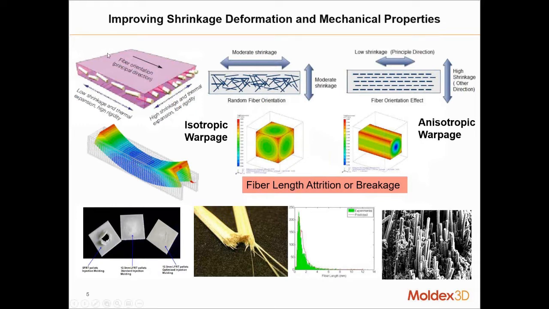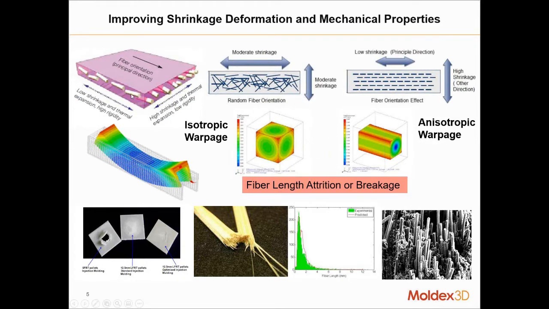So, for example, if we look at this scenario here where all the fibers are aligned in the flow direction, or what we call the principal direction, then those fibers, being as rigid as they are, are going to inhibit the material from shrinking in that direction.